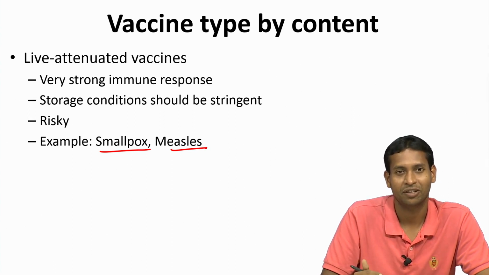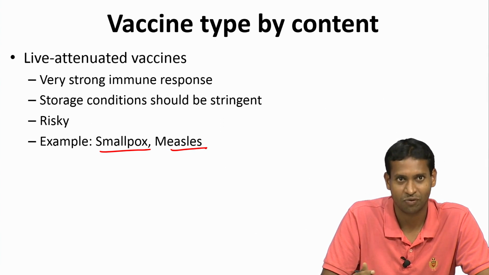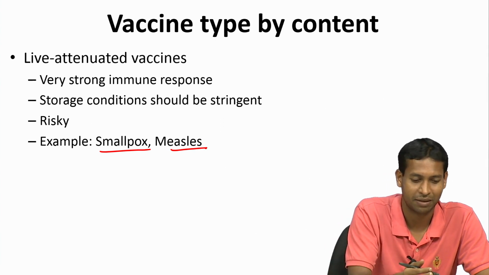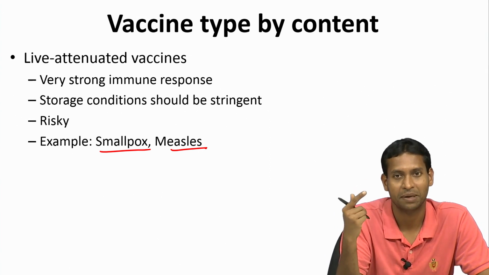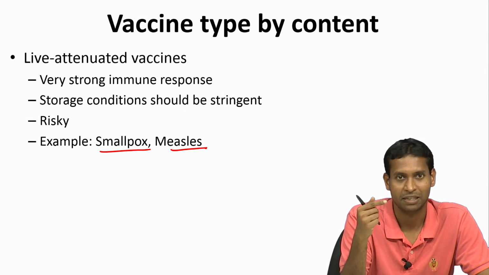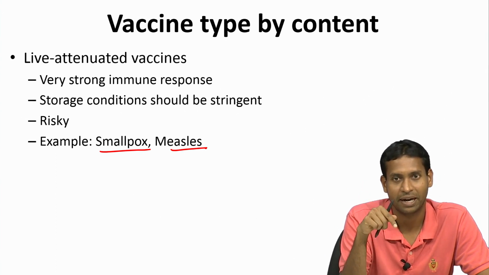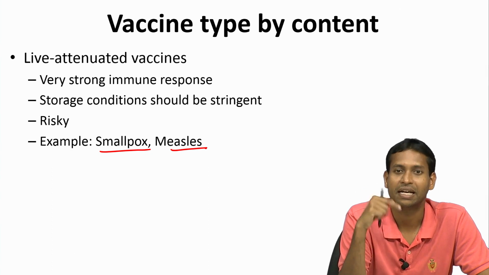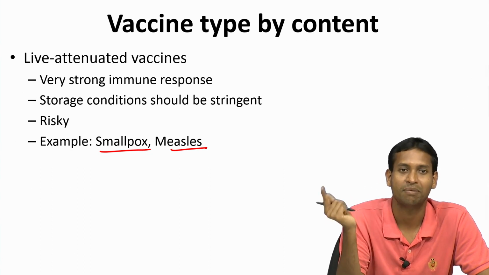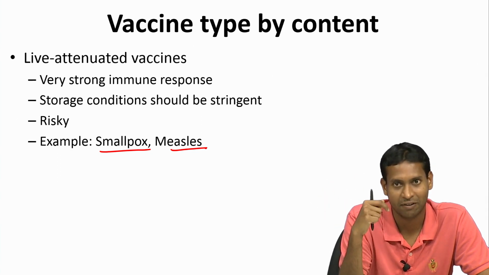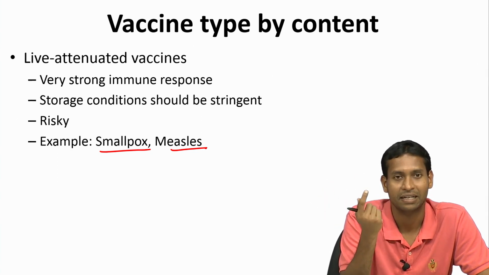You are getting infected with measles, the body is learning about it, and you are suffering from the disease for the first couple of weeks. But when the body adapts to this measles virus, it is able to mount a response to first clear the existing disease, and then also have a memory bank ready, so whenever the next measles virus comes in, the body can handle it.